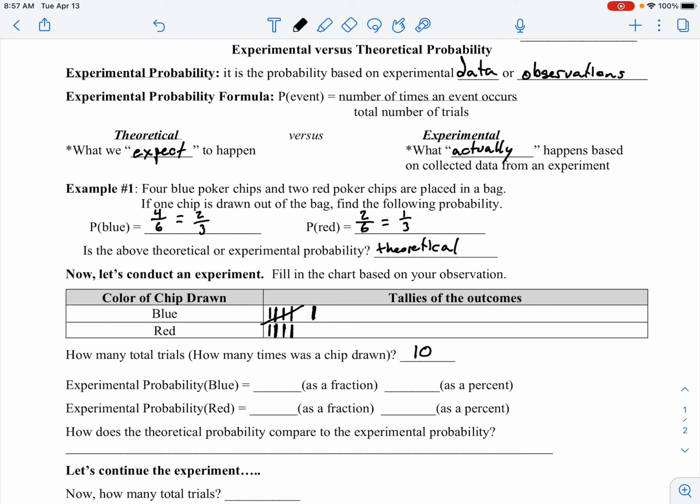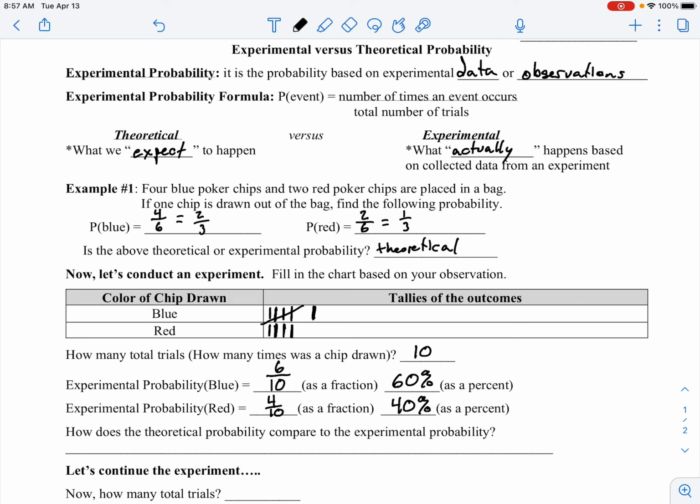So experimental probability of blue, well, we did 10 trials and we got 6 blue chips. So that is going to be a 60%. And then we got 4 red out of 10 trials, so 40%.